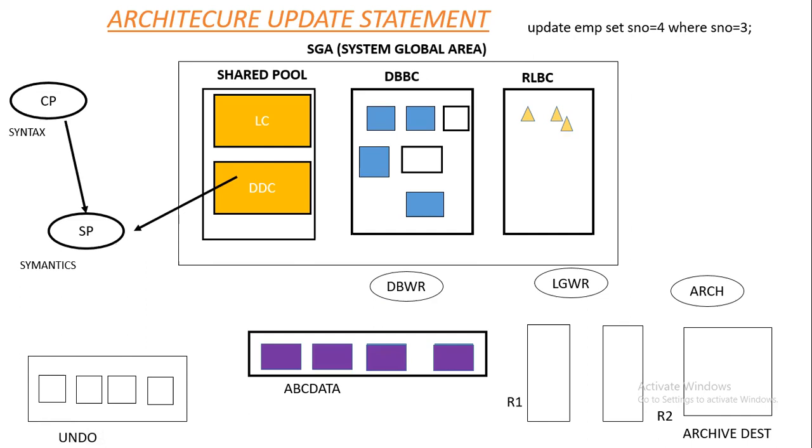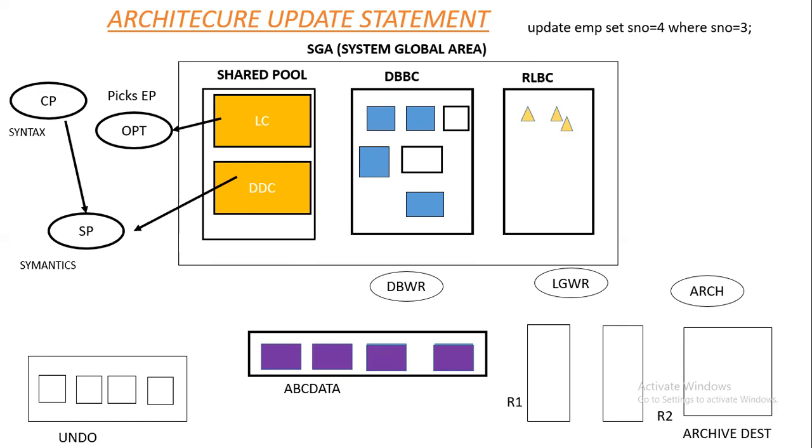From there it will pick the semantics. Then the optimizer comes into the picture. The optimizer picks the best execution plan from the library cache, the same way we discussed in the select statement.